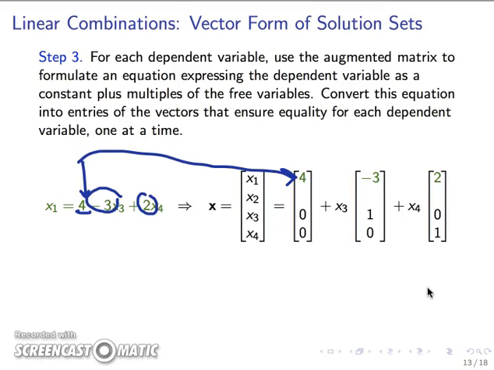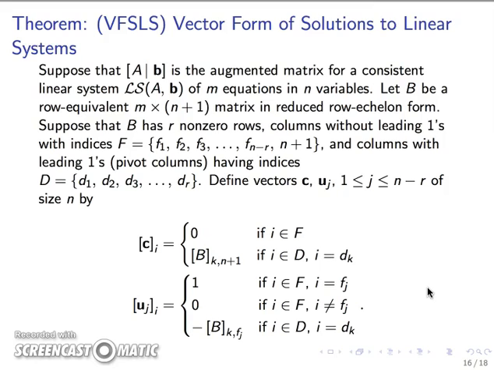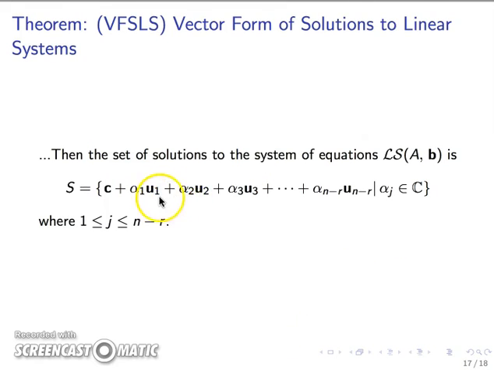We write this in much more formal notation. That's what this theorem is describing. The solution set would therefore be described as a linear combination plus a fixed vector, and notice that in this linear combination there are exactly n minus r terms, where r is the number of non-zero rows in the RREF and n is the number of variables.